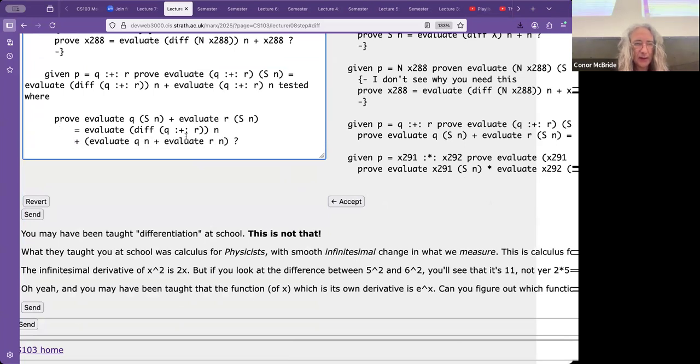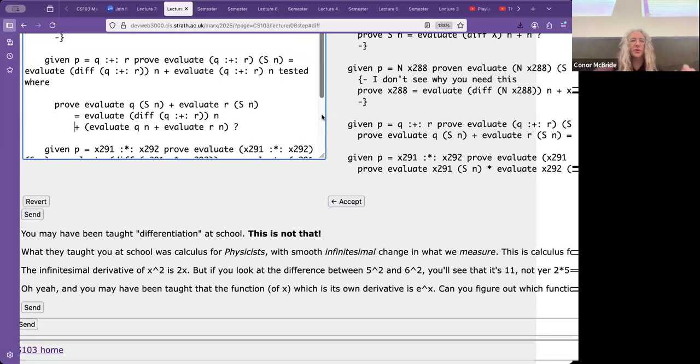Right. So this is where we're at. So let's think about where we can go from here. We don't know the definition of this diff of Q plus R yet.